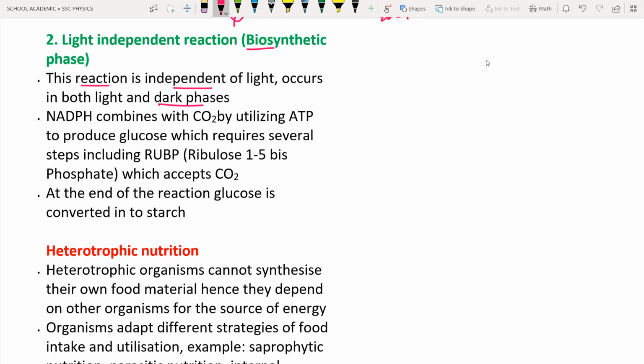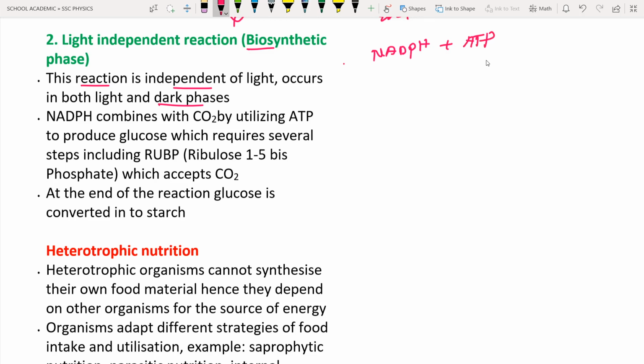Next, in the last reaction, the first step we have seen, there is a production of NADPH and also ATP.